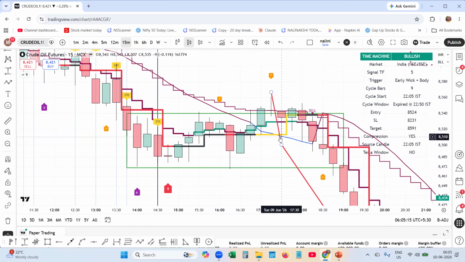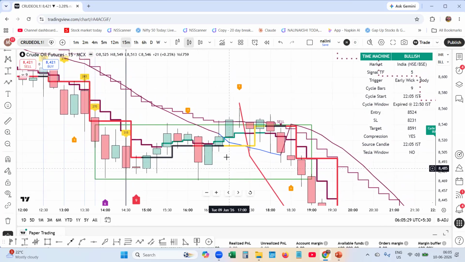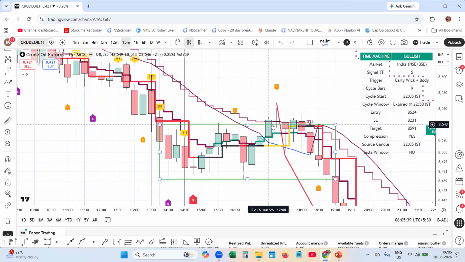This is what they make. With the rolling pivot and the Nalini Precision Engine, everything is perfect. But this range filter will save you from your trade. If you would have entered this trade, you would have lost money. Here, it was a sell trade.